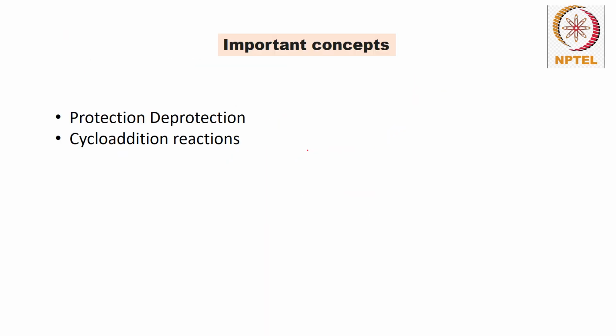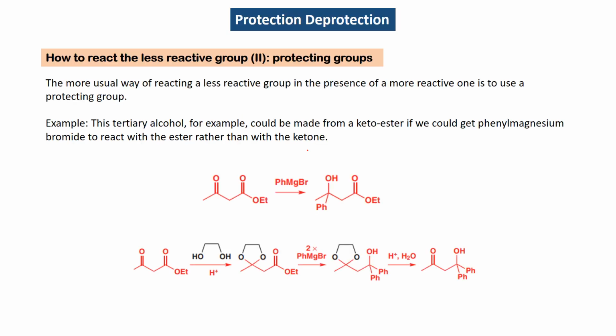First we will discuss protection and deprotection, followed by different types of cycloaddition reactions. So what is protection and deprotection, why we need to protect a group, and how to deprotect it again.